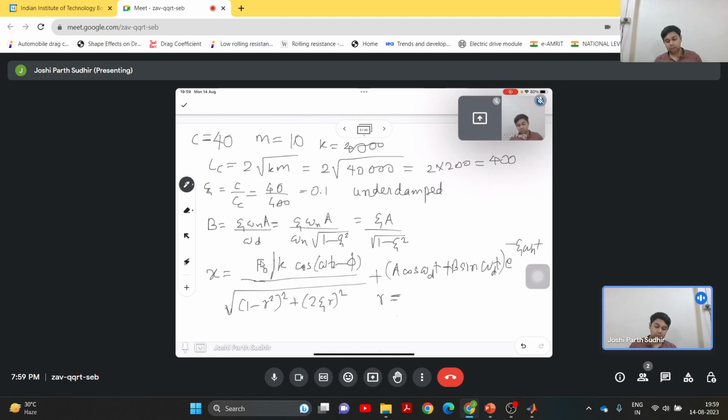So how do we know that? We basically have to calculate the natural frequency omega n, which is root k by m, which is root 4000 by 10, which is square root of 400, which is 20.